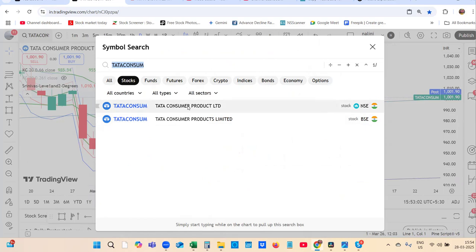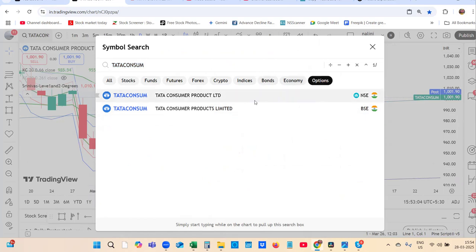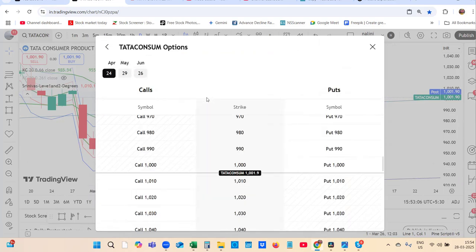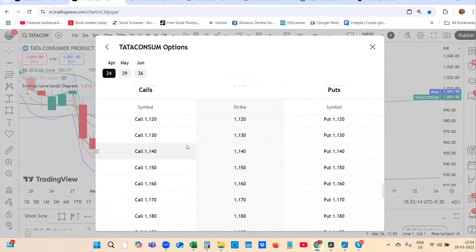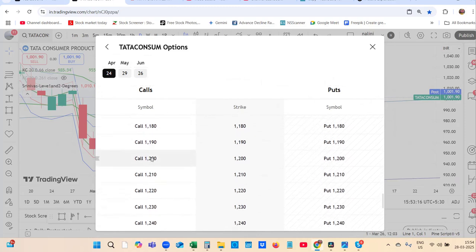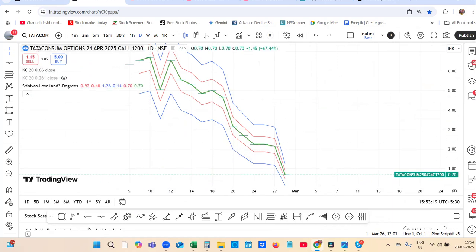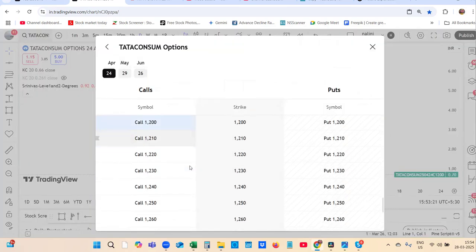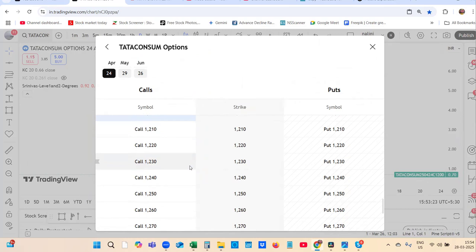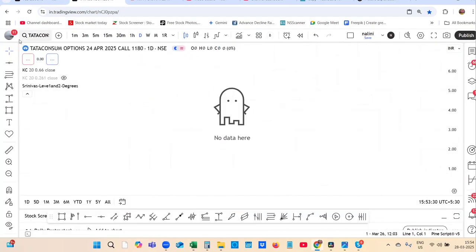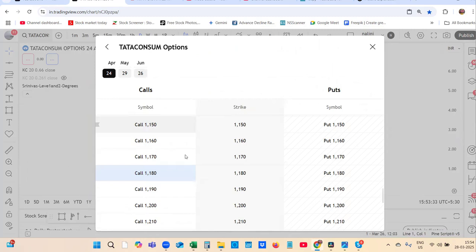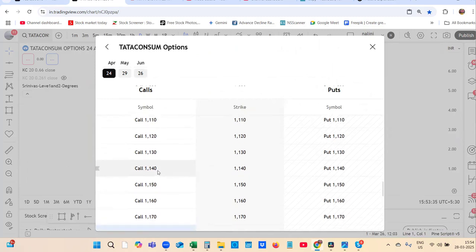I don't know which call option he had taken. Let us check which one. Maybe 1,200, 1,180. Let us check. No, it's not giving way. 24th April, 1,140.